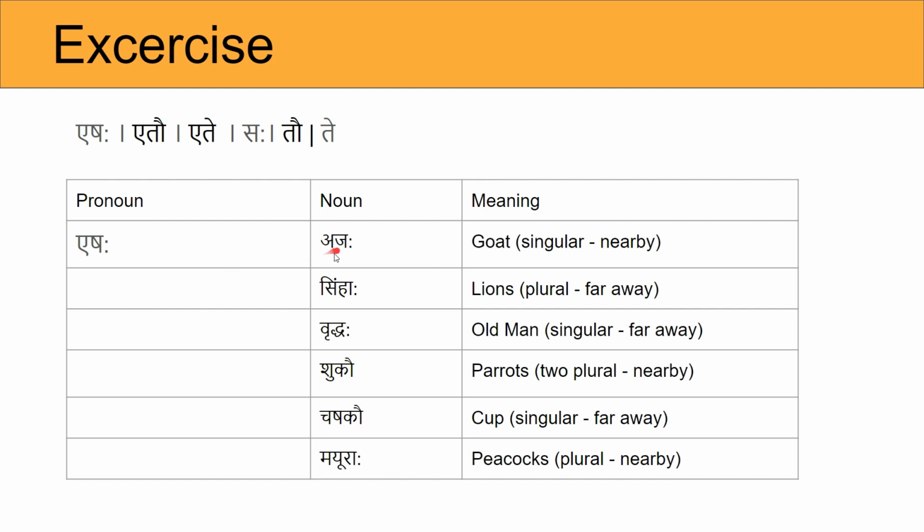For example, we have ajaha here. Ajaha is a goat, singular, and it is very close to me, so I can use eshaha ajaha. Then simhaha, vruddhaha, shukau, chashakau, mayuraha.